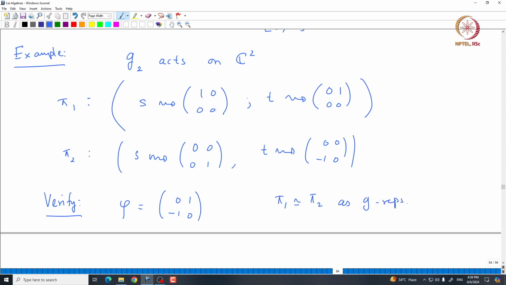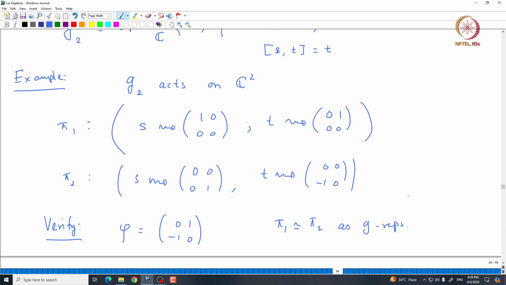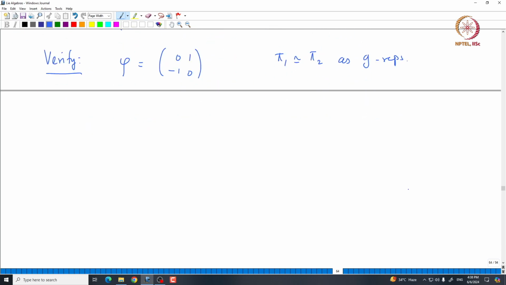Okay. So, now once we have defined this isomorphism of representations, here is the biggest problem in representation theory that can be stated.